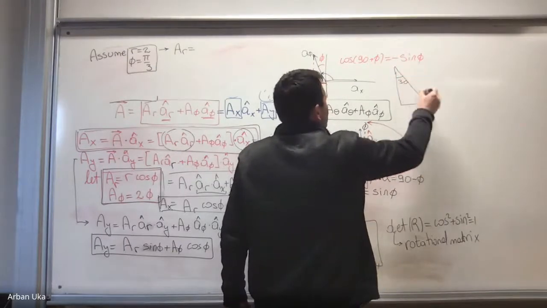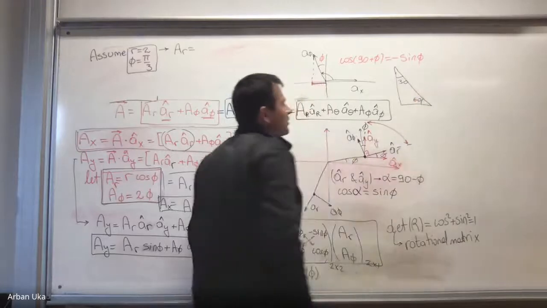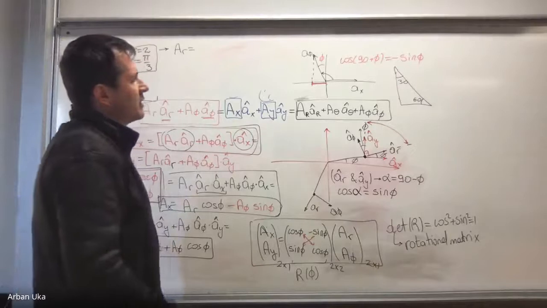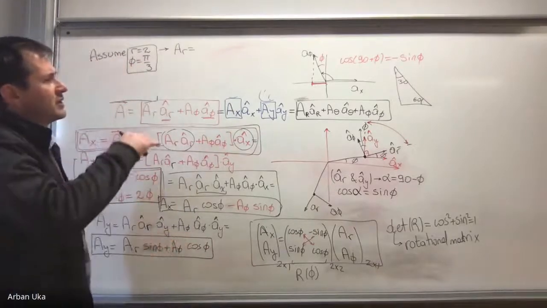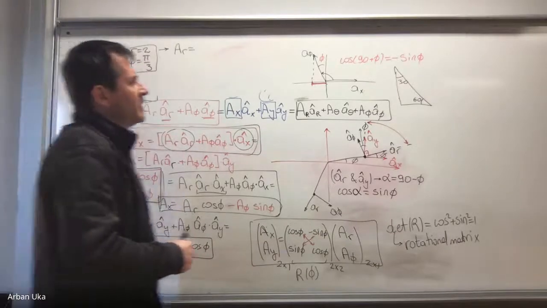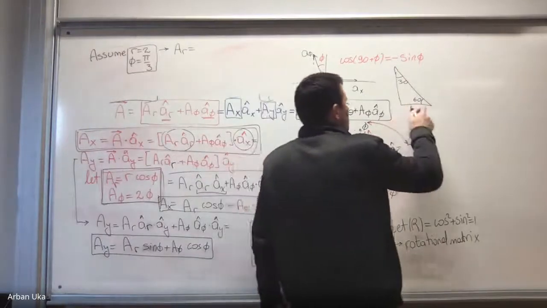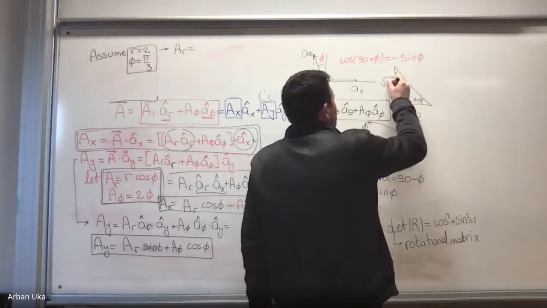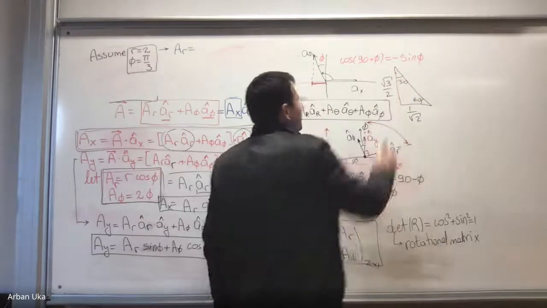So this is 30, this is 60. We know that the side in front of the angle 30 is equal to half the hypotenuse. So cosine 60 is 1 over 2. Sine 60 is square root of 3 over 2. Okay?